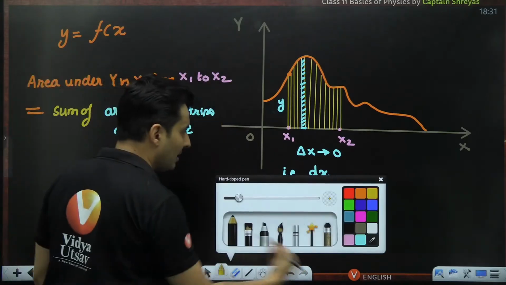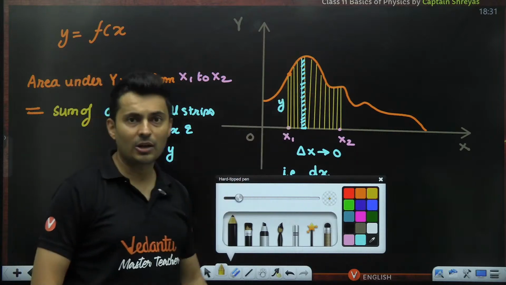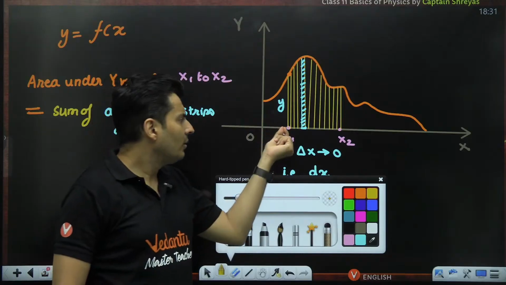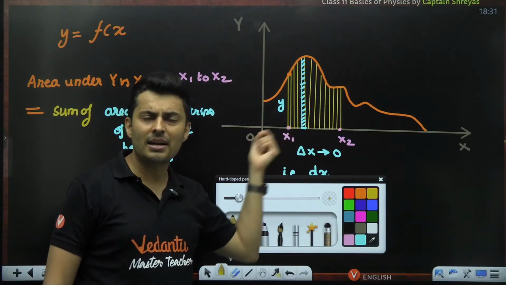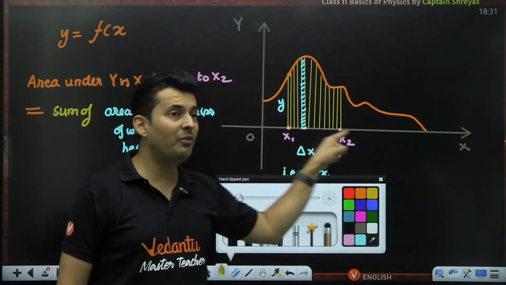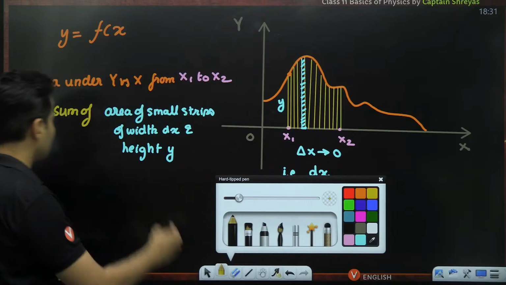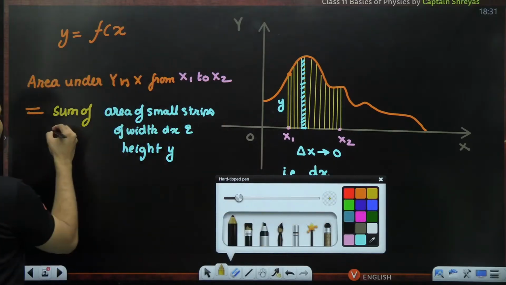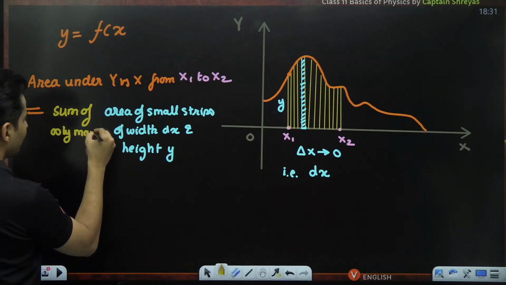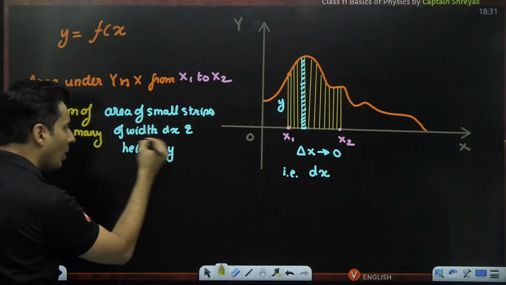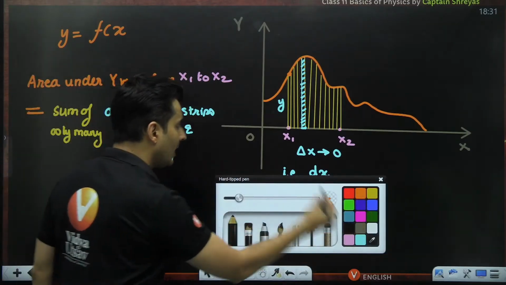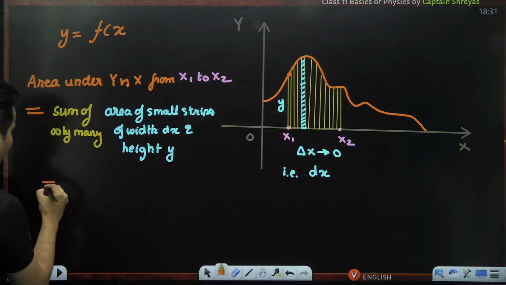This particular sum of such rectangular strips, how many are there? Think about it. Can you count them like 10, 20, 100, 2000, 5000? Can we count them? No, right? There will be infinitely many such strips. So the sum of infinitely many such areas of small strips of width dx and height y, when you want to represent it mathematically, this is how we represent it.